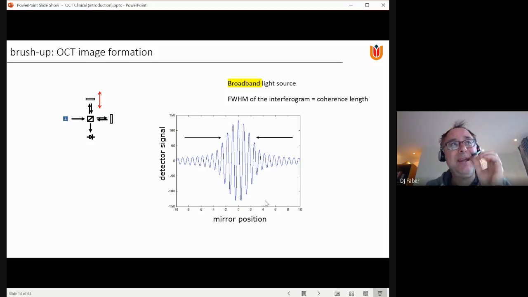We say, okay, if we see an interference pattern, and we know what the length of one of the arms is, that's the reason it's called a reference arm, because we use it for reference. If we know what the length of that reference arm is, then we can calculate what the length in the other arm is going to be, because only then there will be interference. That is the basic concept of OCT.